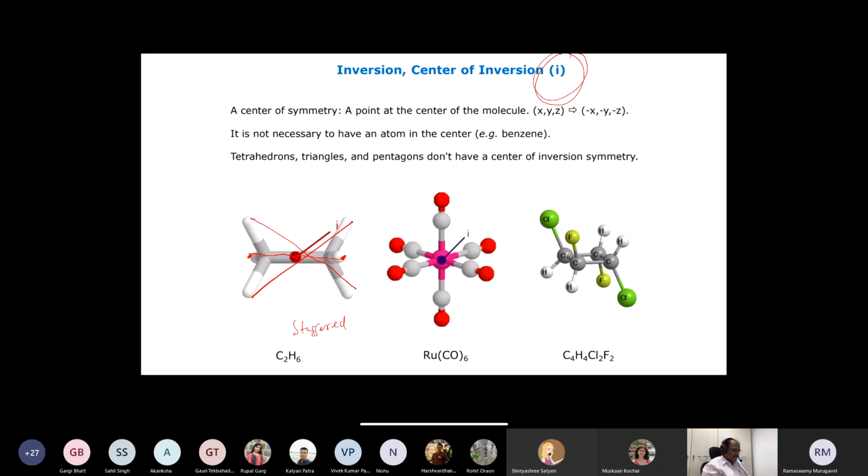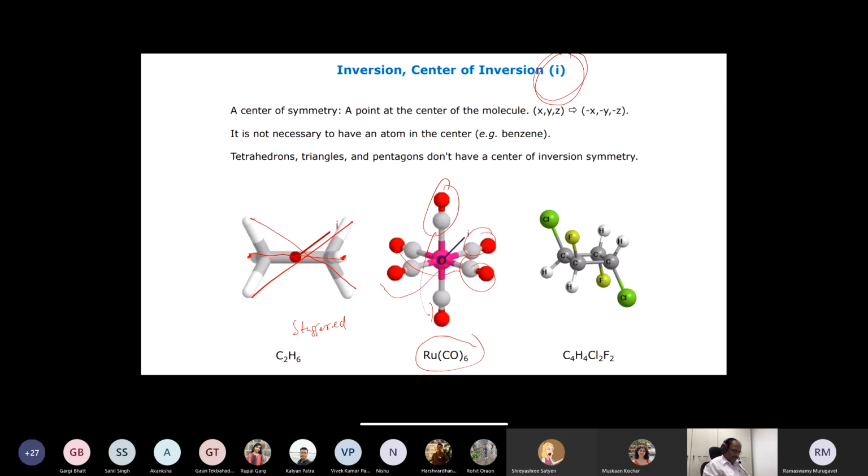When you do an inversion, one part of the molecule gets to the opposite side from where it was before inversion. A nice example is ruthenium hexacarbonyl here. The inversion center is the metal itself. Each carbon monoxide gets inverted to the opposite side when I invert.